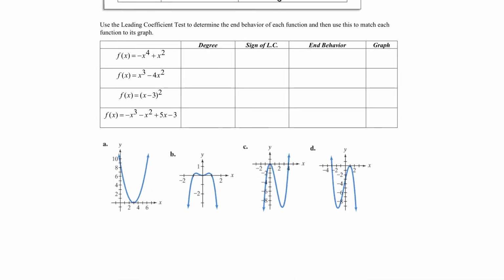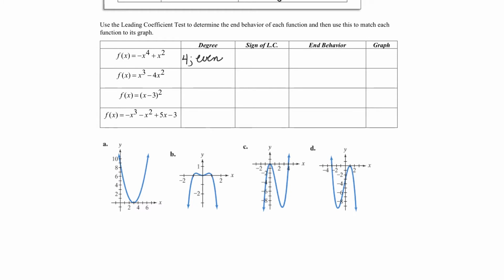Use the leading coefficient test to determine the end behavior of each function, and then use this to match each function to its graph. So the first one, f of x equals negative x to the fourth plus x squared. Recall that the degree of a polynomial is the highest power of the variable. The degree is 4 on this one, which is even.